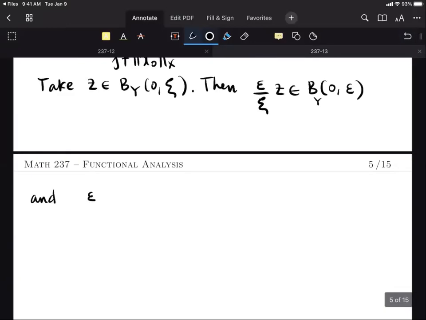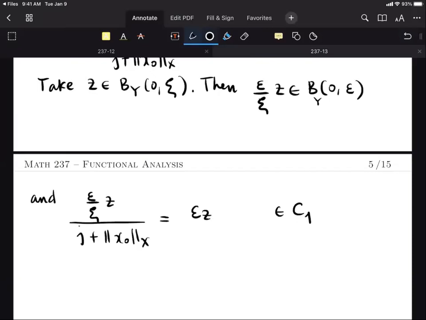So divide that by j plus this norm. This is an element of C1, but let us rewrite this as epsilon z over xi minus j.